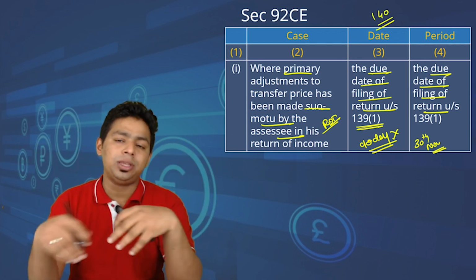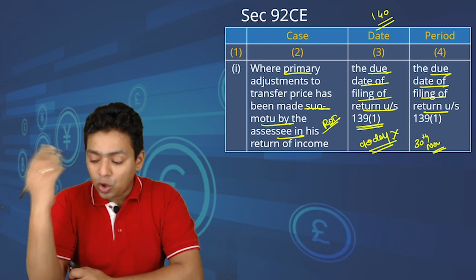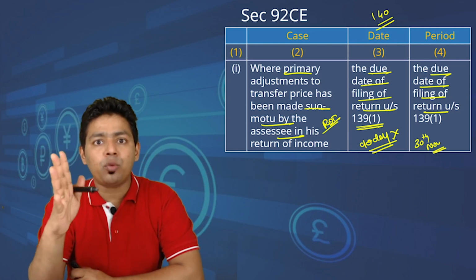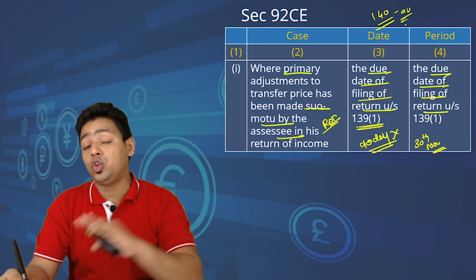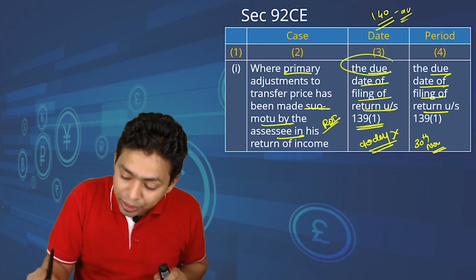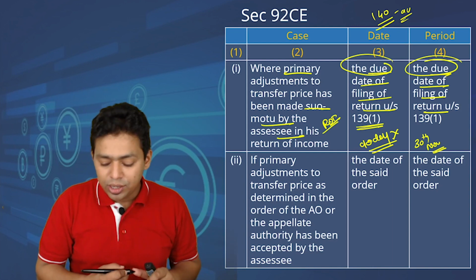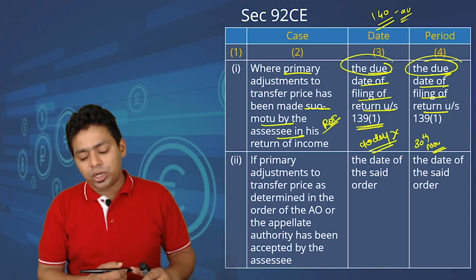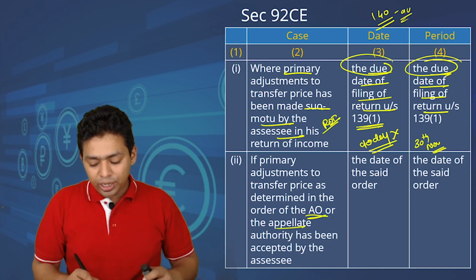We are not going to subtract 90 days from that and compute the excess number of days. No. Interest will be computed from the due date. No concession in interest.